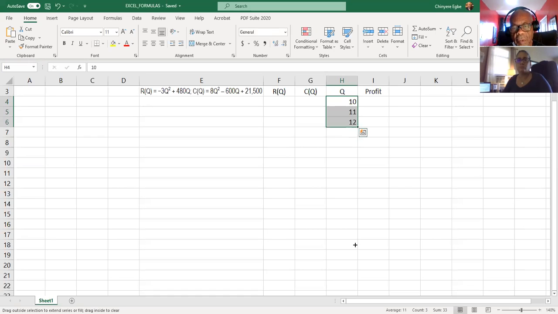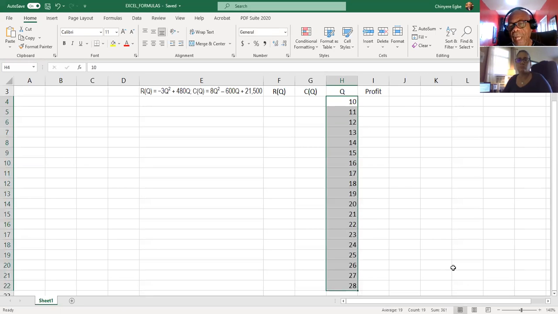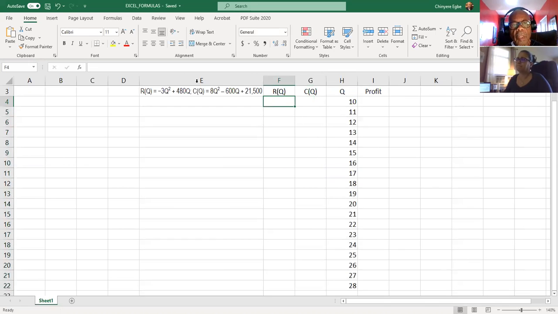So we'll just pull this down to 28. This is what you were supposed to do, but it would be easier for you if you know how to solve the quadratic equation. The revenue is defined by the equation minus 3Q squared plus 480Q.